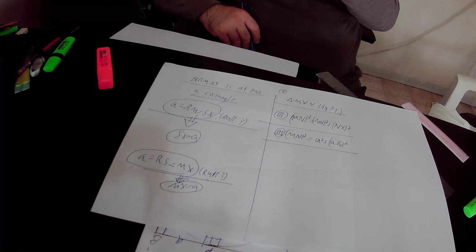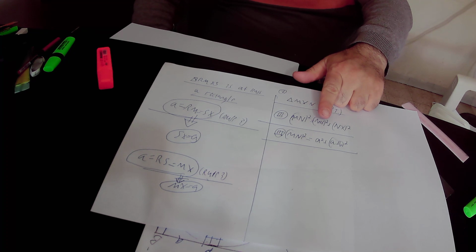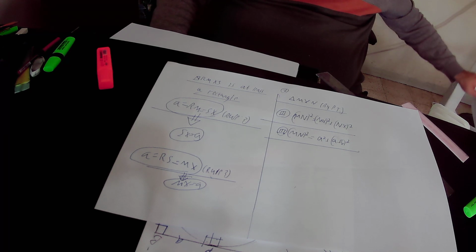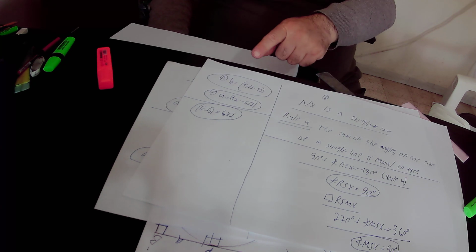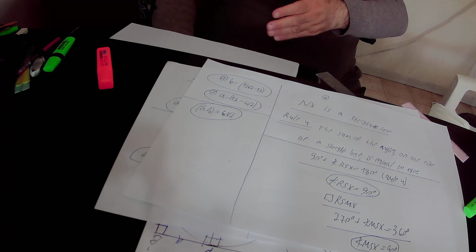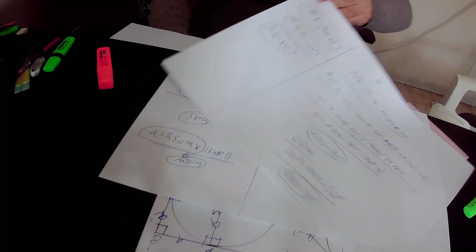So in conclusion, according to equation number 3, MN squared equals A squared plus A plus B squared. And we have already found out the values of A, B, and A plus B. So we put the data inside equation number 3 and we will find out the value of MN.